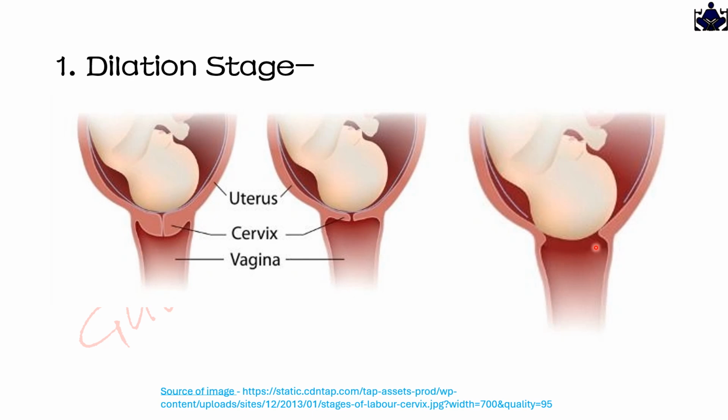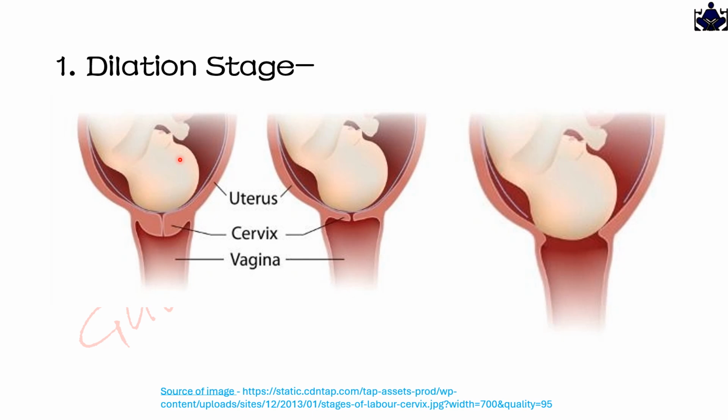Okay, so here cervix gets dilated. Cervix is the narrow opening of uterus into the vagina. This stage of labor can normally last up to few hours. It ends in rupturing of amniotic membrane of fetus.